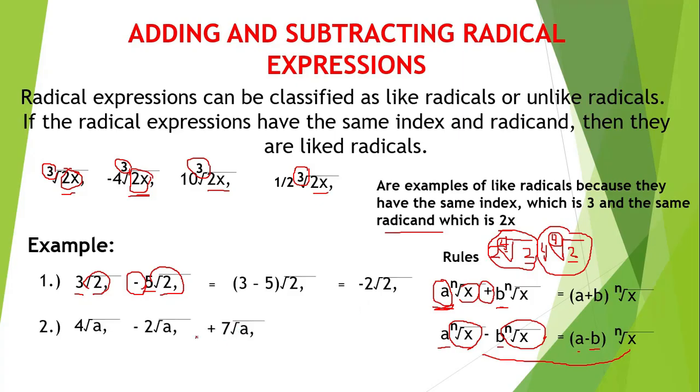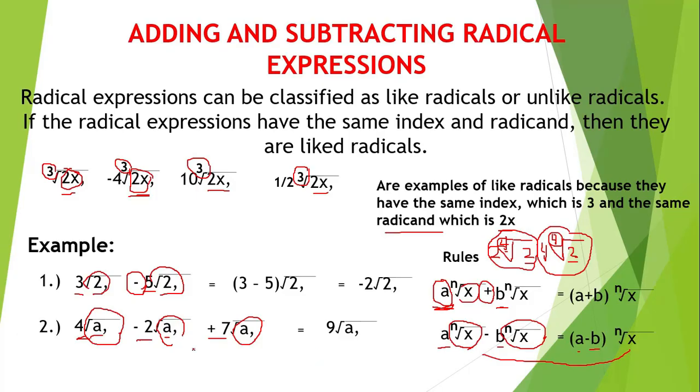Another example, 4 square root of a minus 2 square root of a plus 7 square root of a. So as you can see, pareho lang ang index of the radical and radicand. So ang gagawin natin, 4 minus 2 plus 7.